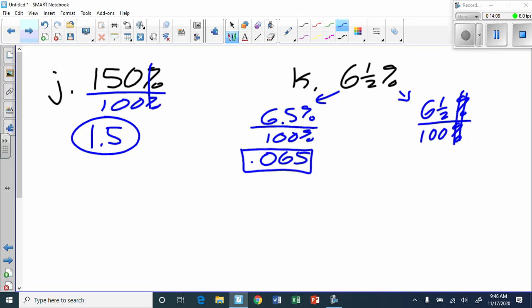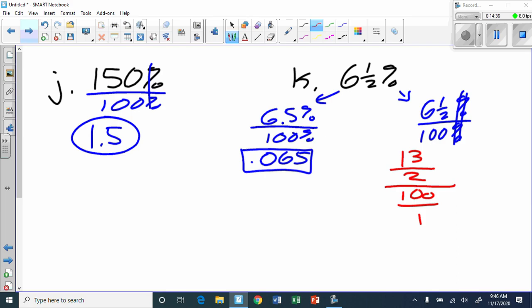The way we do complex fractions is we write this down as a mixed number on top, as an improper fraction on top. 6 times 2 is 12 plus 1 is 13. So 13 over 2 over 100 over 1. I wrote both of them as improper fractions. And then I'm going to multiply by the reciprocal of the bottom number.